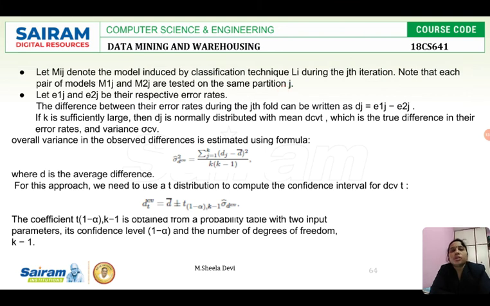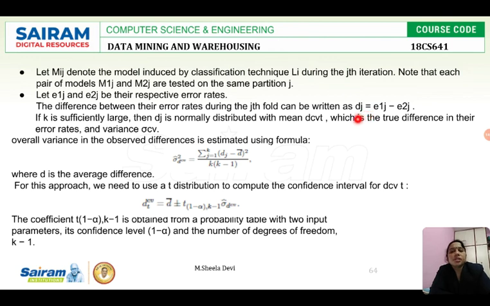So I take partition j and apply both classifier models on it, calculate the error rates, and then calculate the difference between the error rates, which is dj.